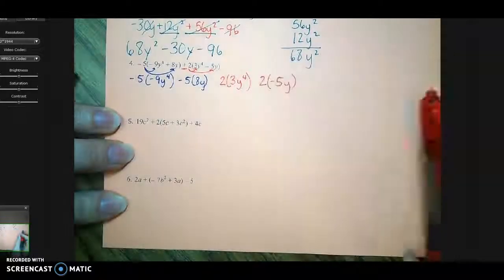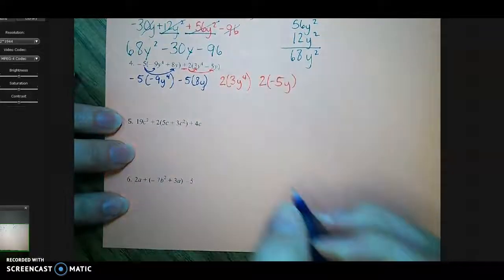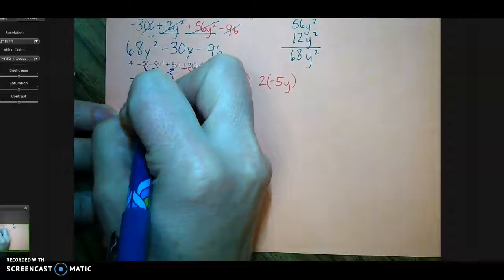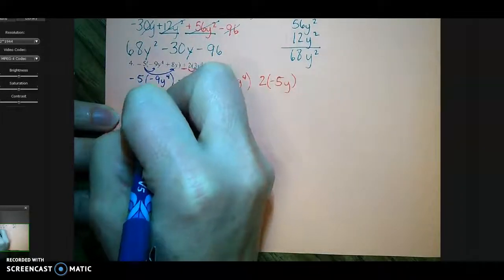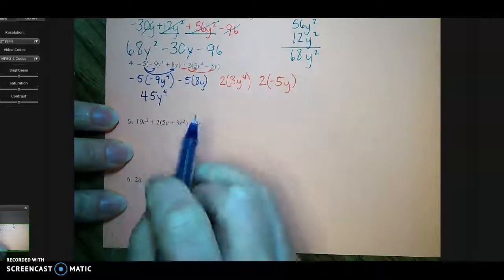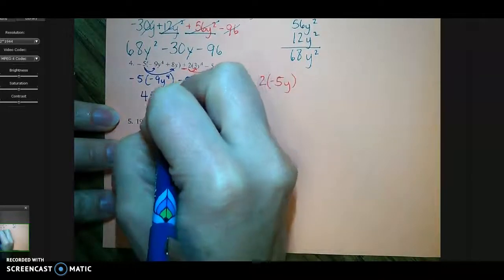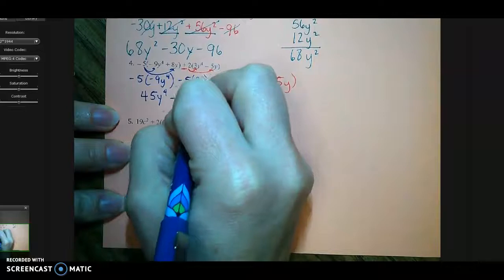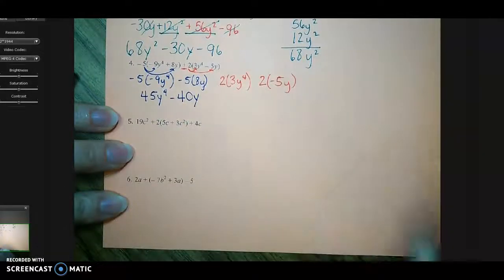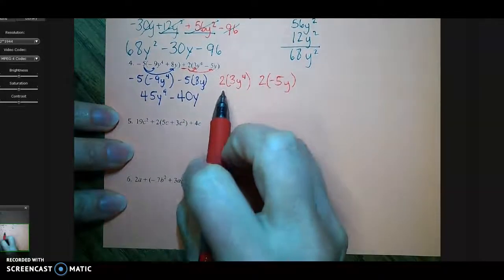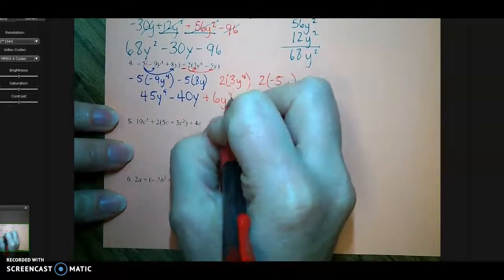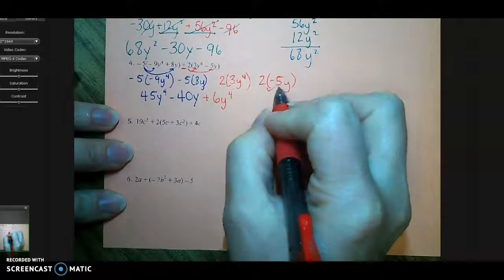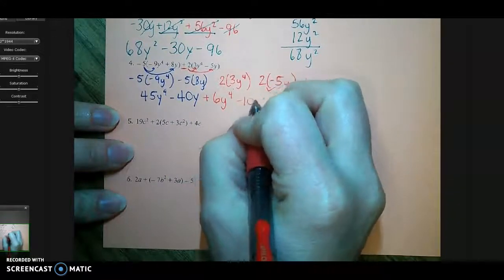I'm going to take that sign with it so that I don't lose it. So negative 5 times negative 9 is a positive 45y to the 4th, and negative 5 times positive 8 is a negative 40y. Over here, I've got positive 2 times positive 3, so I'm going to have a positive 6y to the 4th. 2 times negative 5 is going to give me negative 10y.